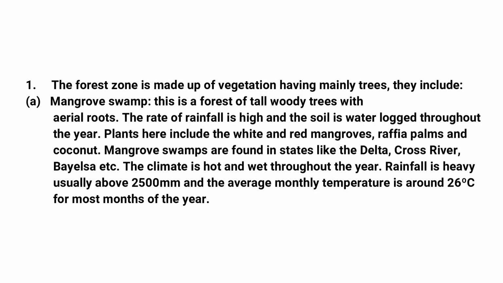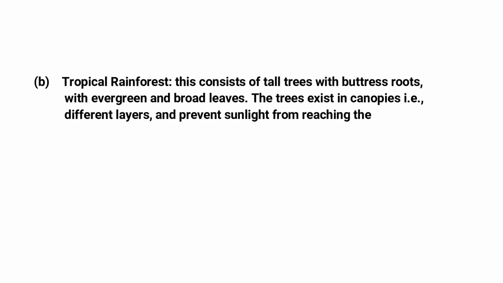The climate is hot and wet throughout the year. Rainfall is heavy, usually above 2,500 millimeters, and the average monthly temperature is around 26 degrees Celsius for most months of the year. We have a tropical rainforest.